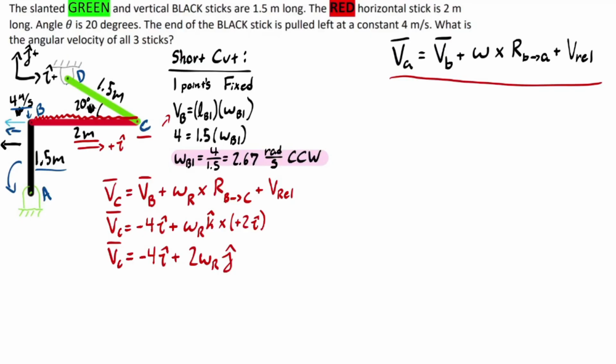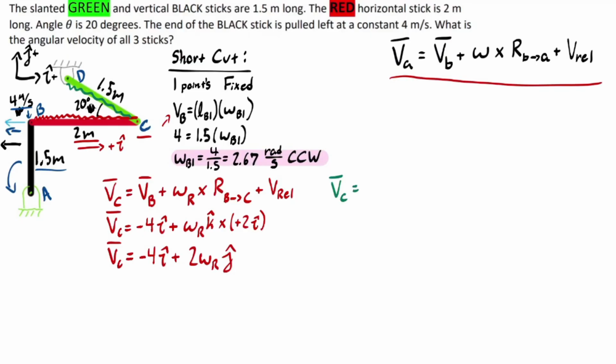Let's now do this green bar, in green, just to keep the colors consistent. When I do the green bar, I'm going to talk about point C and point D. I'm going to try and keep point C on the same side as the other equation, so I can equate these two things to each other at the end.